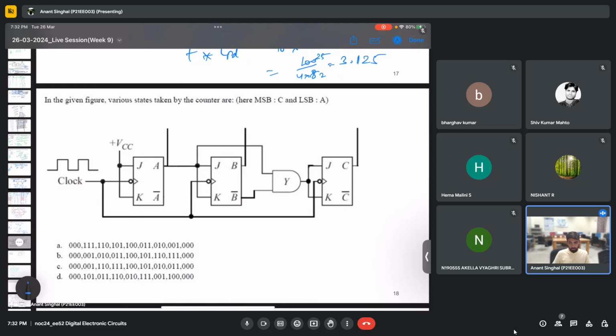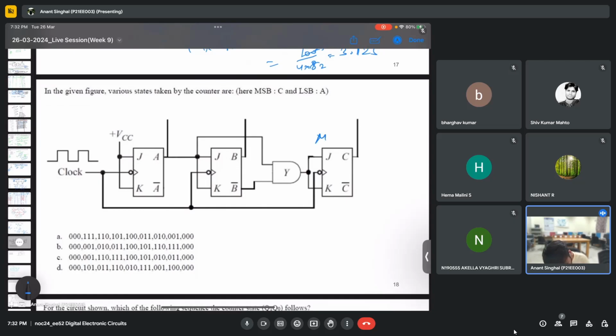Please let me know if you are taking this as homework or solving it here only. I'm still not getting any response.